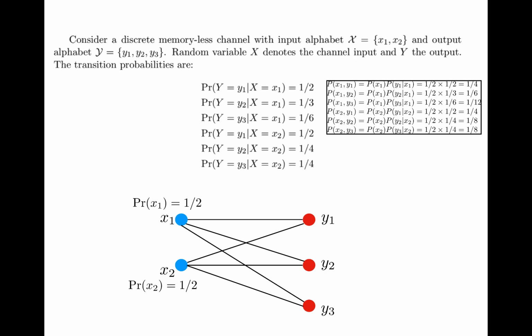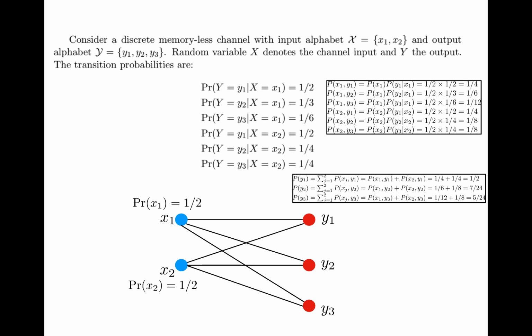Now I can calculate the probabilities of the yk. In this case my yk runs from y1 to y3, so k is 3 in this example. We have y1, y2, y3. So these are my yks, where k equal to 1, 2 and 3.